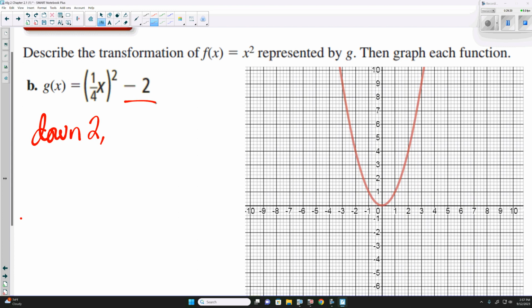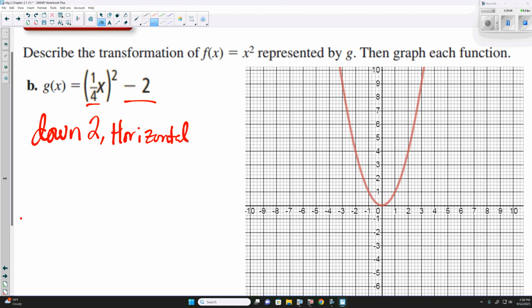So we took care of the negative 2. The only thing we have left is the 1/4 in front of the x. So reflections are purely negatives in that spot. So 1/4 is not negative. It is horizontal, stretch or shrink, because we have it multiplied in front of x inside parentheses. Now, it looks like it should be a shrink.